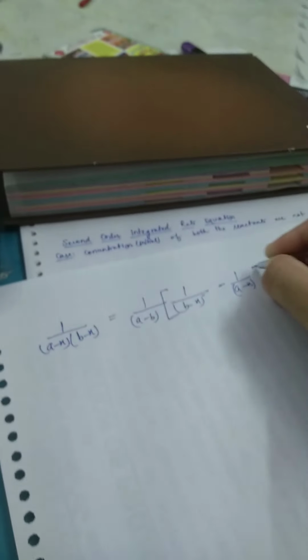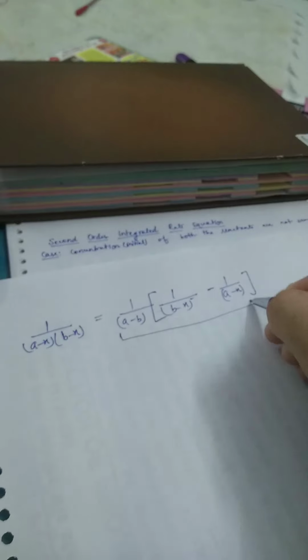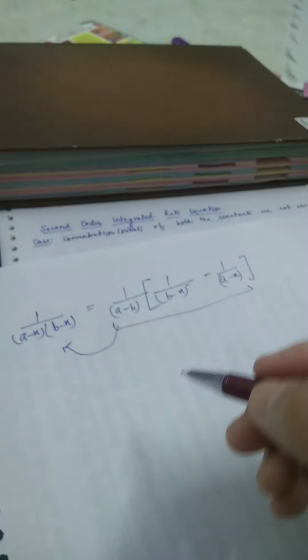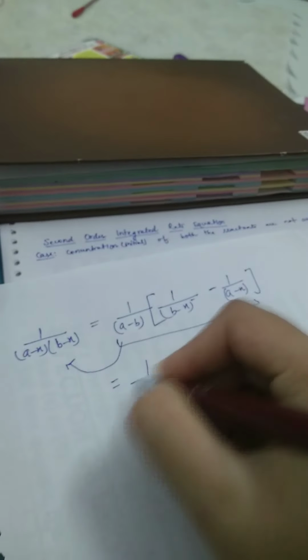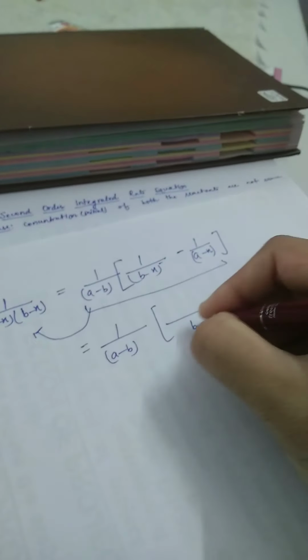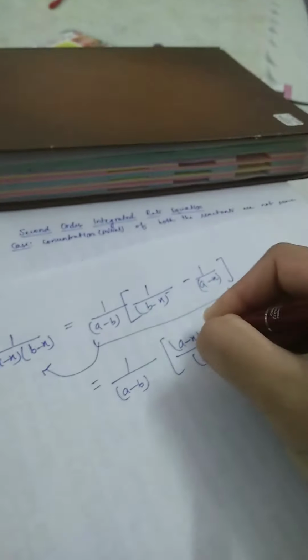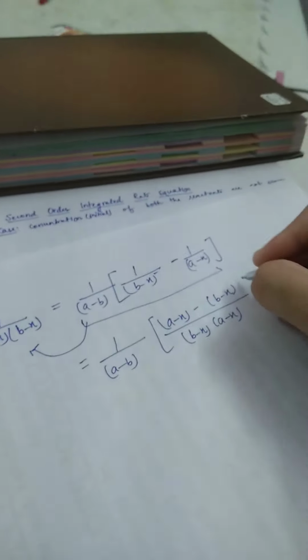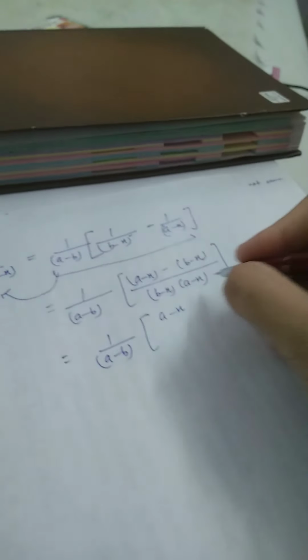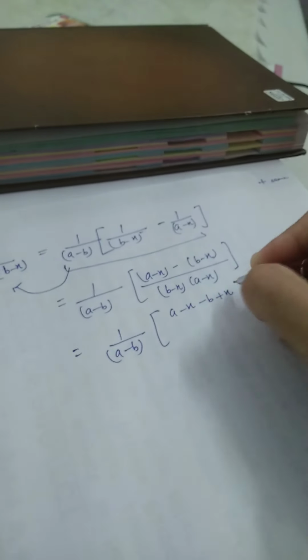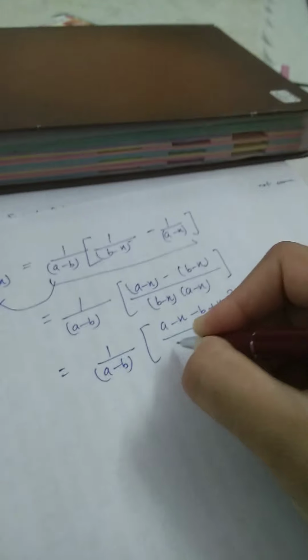If you solve the right hand side, you will get the left hand side back. We take the LCM, which gives (b minus x) into (a minus x), and on cross multiplication we get, when we open the brackets, a minus x minus b plus x.